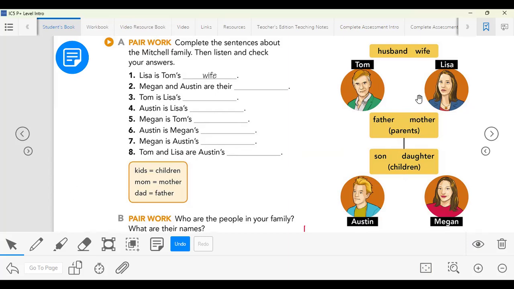We just need to say the name of the person that is the owner. ¿Quién es el dueño, a quién le pertenece? So, Tom and Lisa are Austin's... Estamos hablando en relación a él. Austin's parents. Megan is Austin's sister. Okay, that's what we have to do.